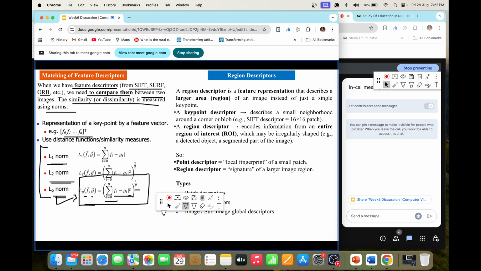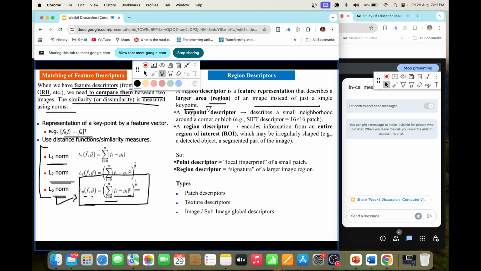A region descriptor is a feature representation that describes a larger area, a region of an image, instead of a single key point. Key point descriptors describe a small neighborhood around a corner or blob. A region descriptor encodes information from an entire region, or ROI, which may be irregularly shaped, a detected object, or a segmented part of the image.